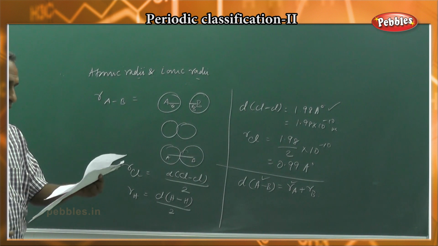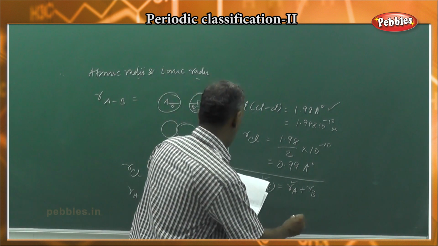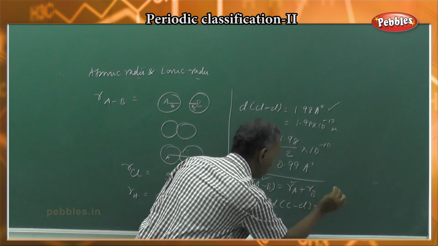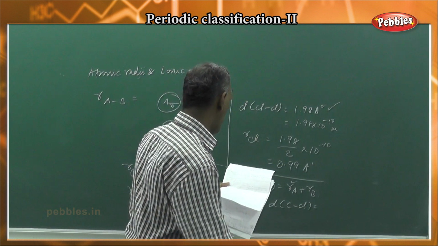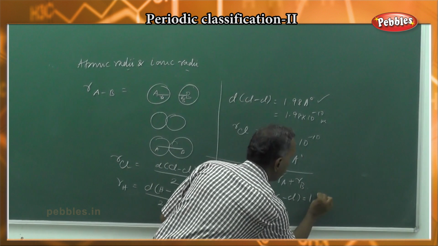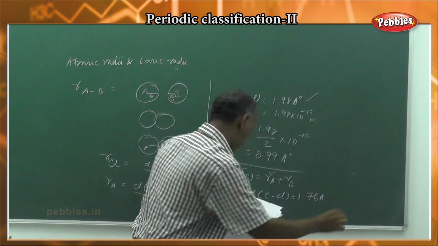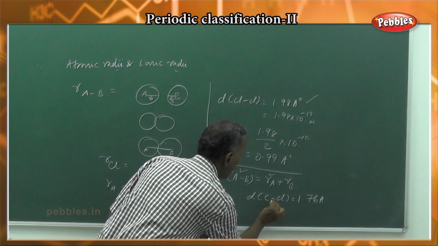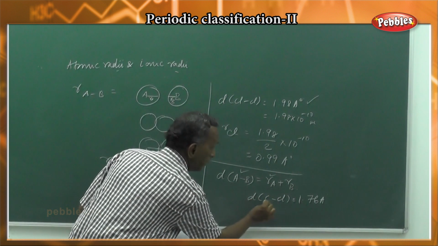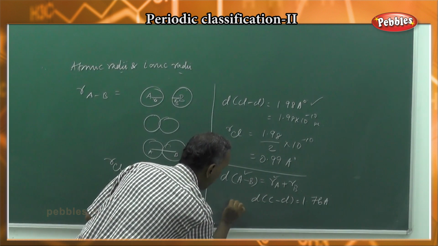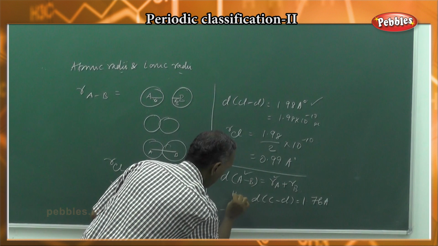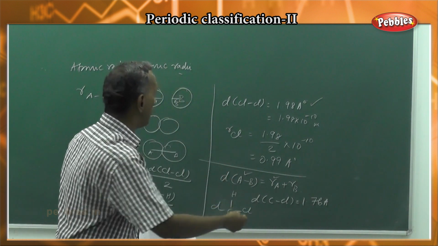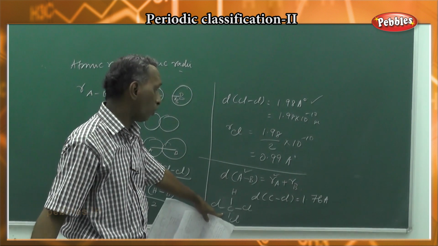For example, the distance of the carbon chlorine linkage is given as 1.76 angstrom. Consider a compound like CHCl3, that is chloroform.